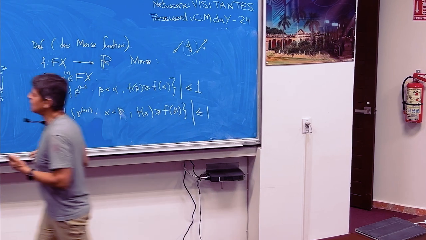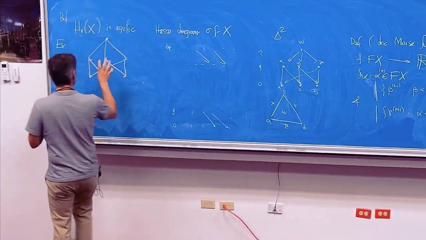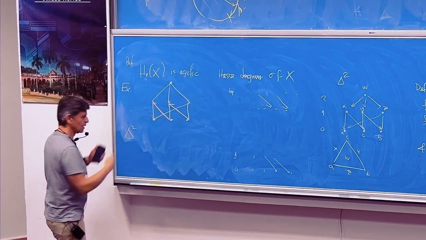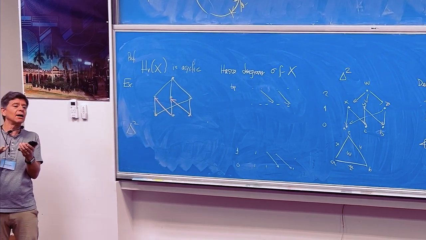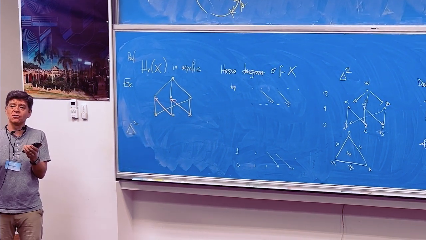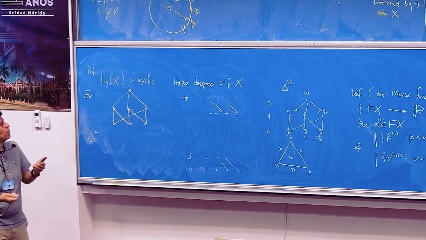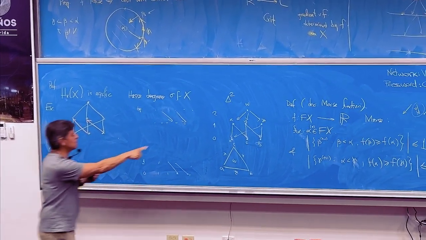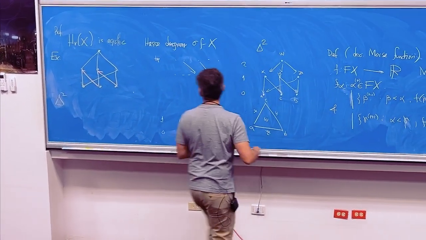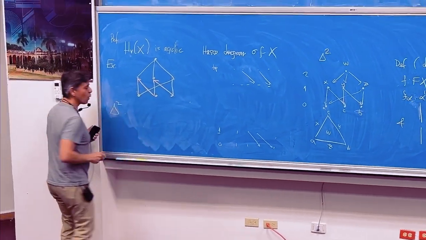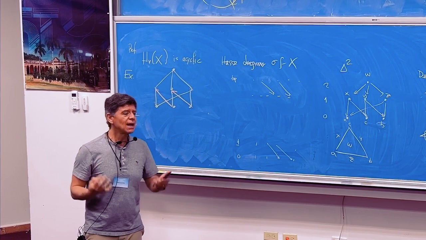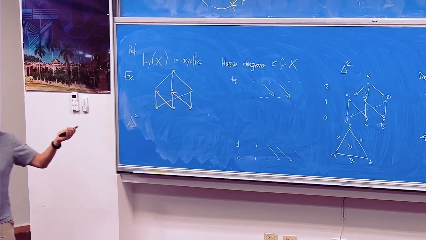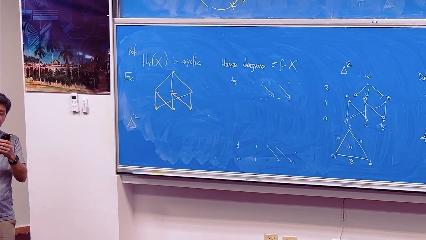If I have something of that form, does it have to come from some Morse function, one of these having this weird property of having a limited number of counterexamples? And the answer is yes. There is a one-to-one correspondence, basically, between Morse functions and these discrete gradient fields, which are acyclic.